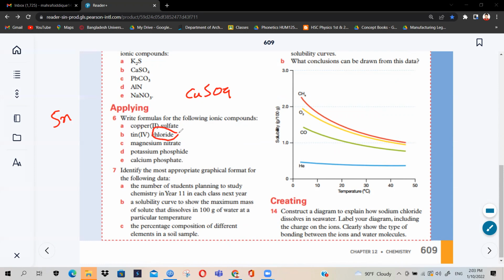Chloride, -1, right? What did we learn? In case of forming a compound, what happens between the valencies or the charges? They get interchanged, right?